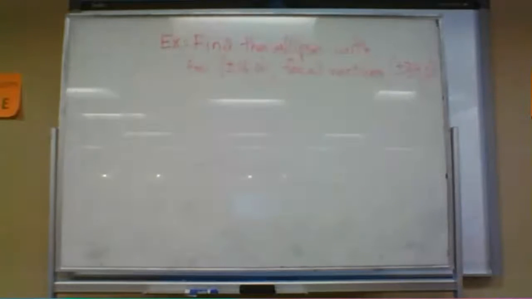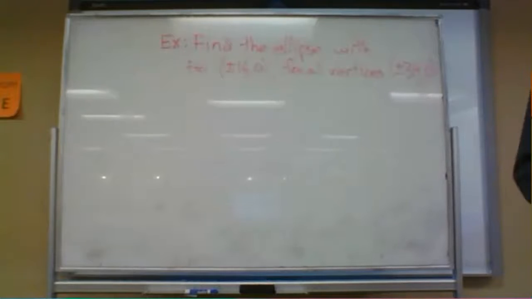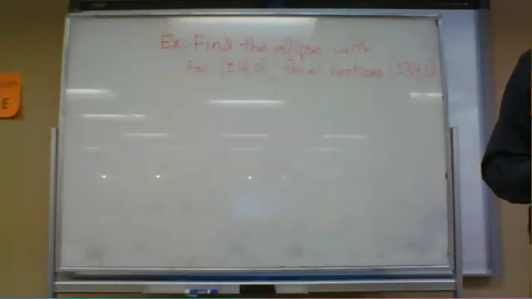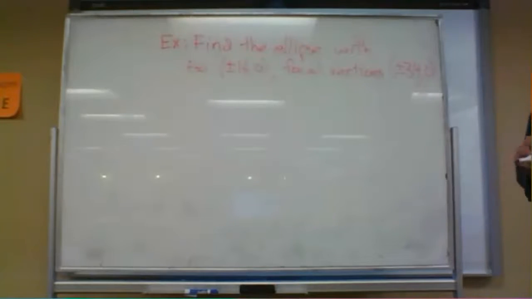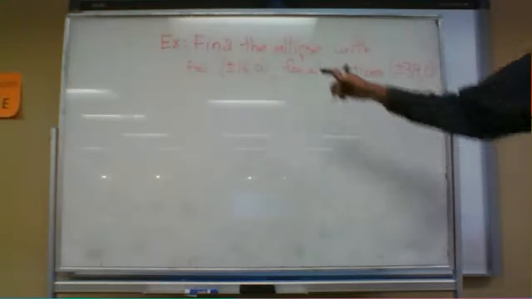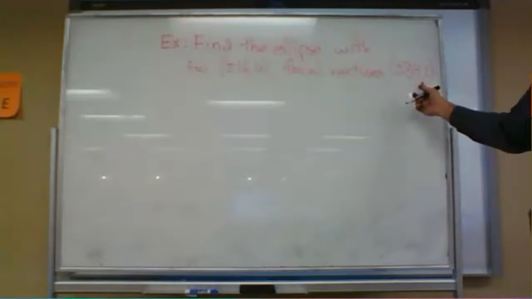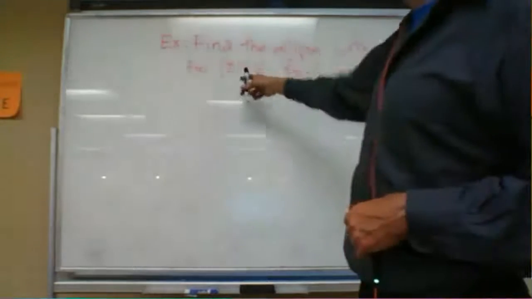What I recommend doing on these is going for the center first. Where's the center? It's halfway between the foci or halfway between the vertices, either one. So we already know it's at 0, 0.